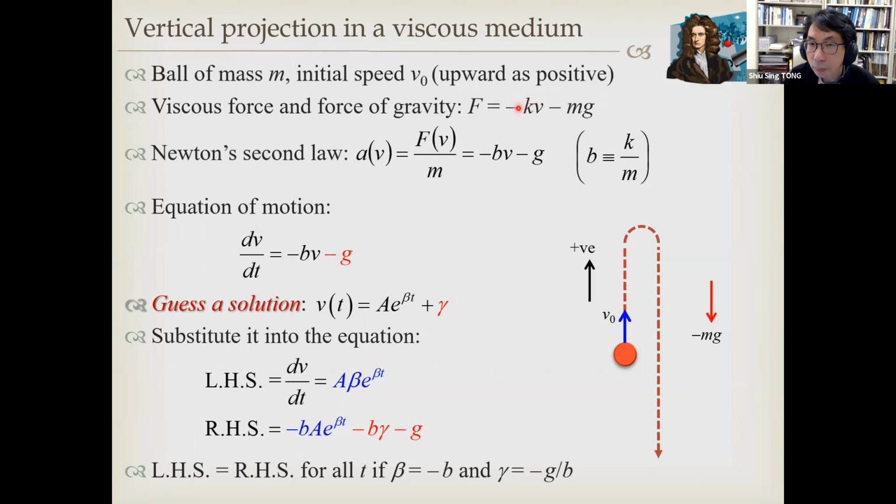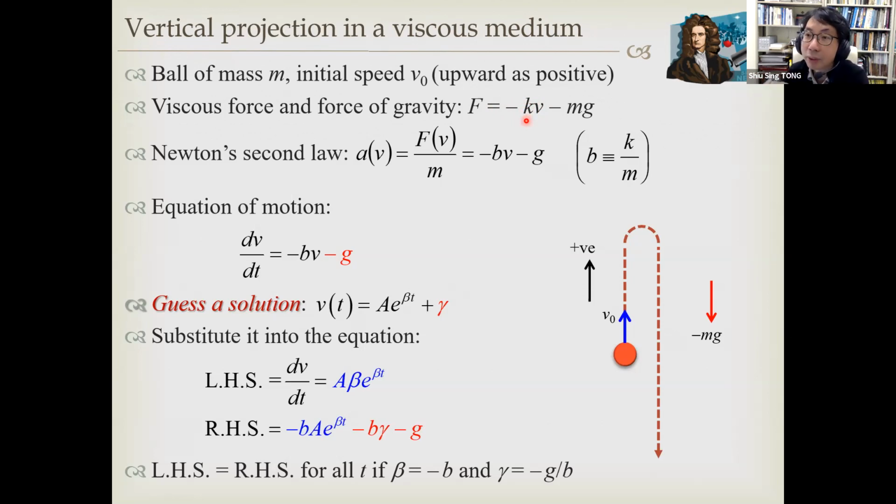However, the minus sign that comes with the viscous force, the minus kV here, is not a convention. It has some physics. The physics is that the drag force or the resistive force acting on that body is in the opposite direction to the velocity. So when the velocity is positive, moving in a positive direction, the force is in a negative direction.